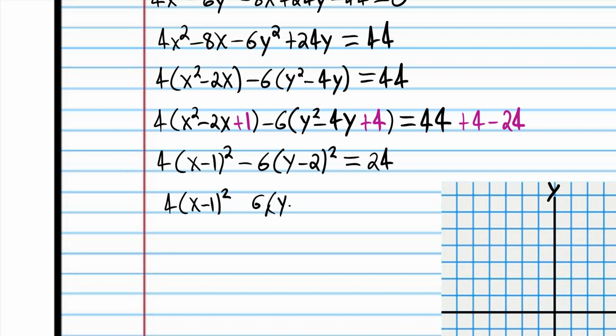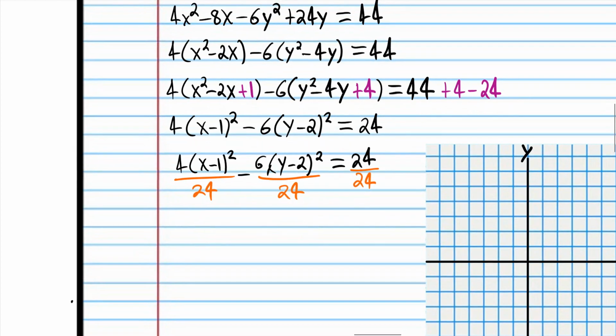by 24 because in standard form we should have a 1 on the right side of the equation. So I'm going to divide everything by 24. I'm dividing both sides of the equation by 24.